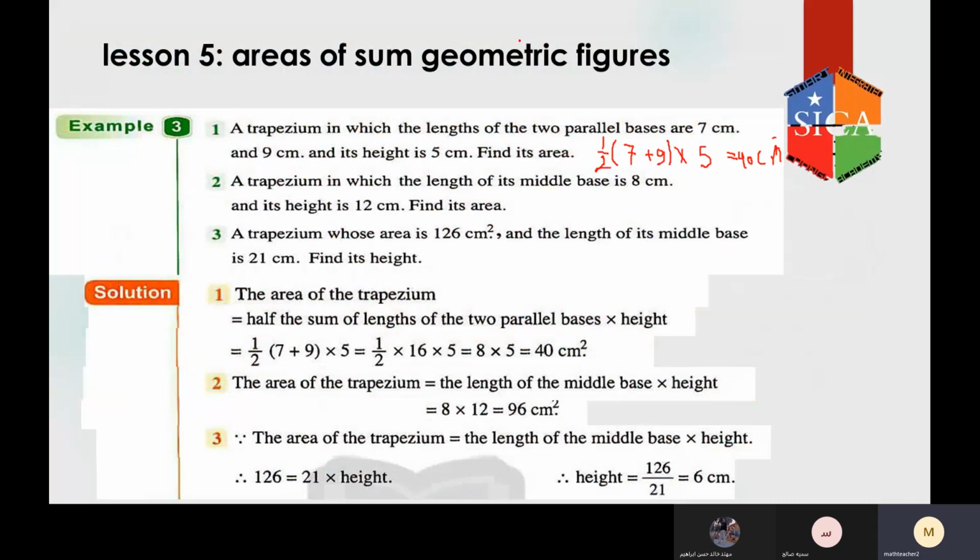And now the second question. A trapezium in which the length of the middle base is 8 and the height is 12. Which formula can we use to find the area? The area equals the middle base times the height.